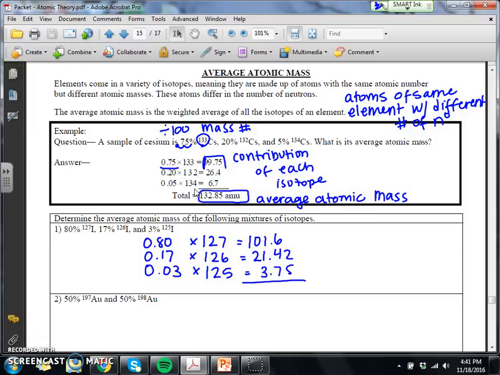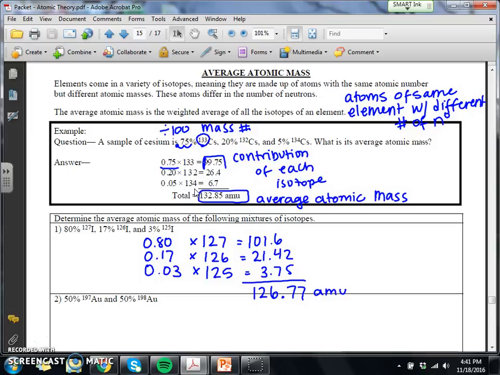Now, when I add all of these together, 101.6 plus 21.42 plus 3.75, I get 126.77 AMU. Remember that AMU stands for atomic mass unit.